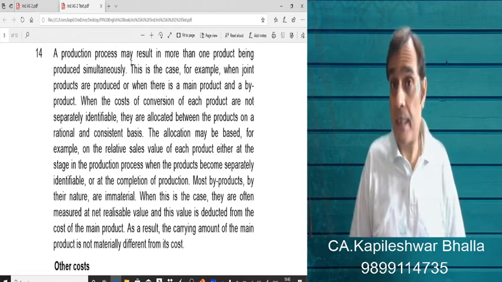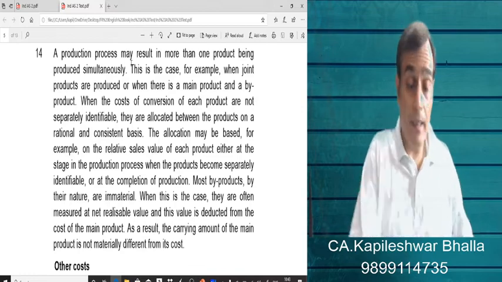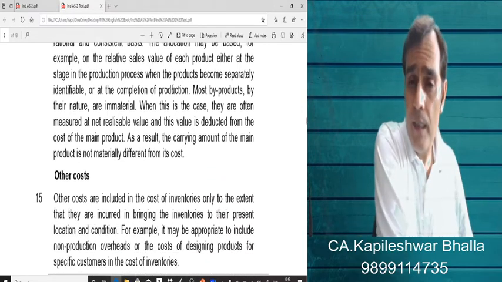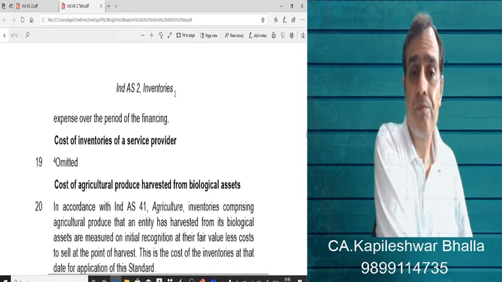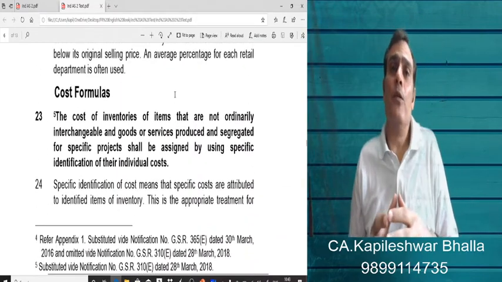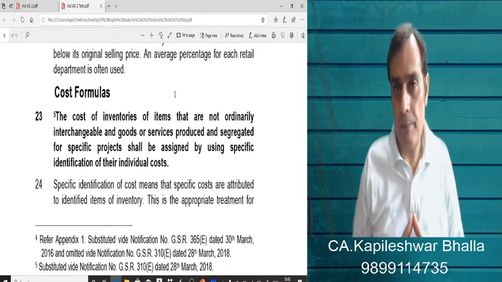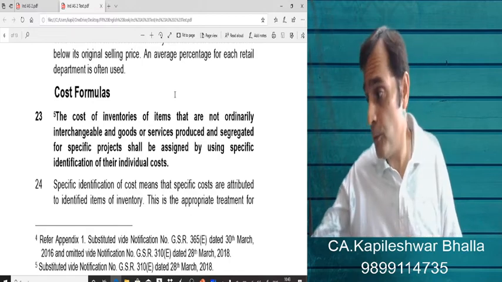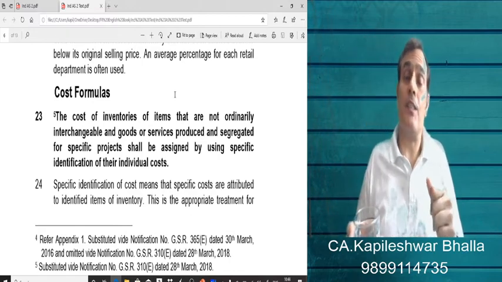I'm done with my second special agenda, joint and byproducts. Now I am coming to a very interesting third agenda, and that third agenda is looking at a cost formula. Now I'm going to remind you of what you did in CA Foundation.